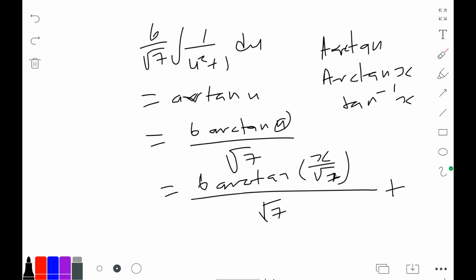Then plus a constant, which is C. So this is the answer for that.